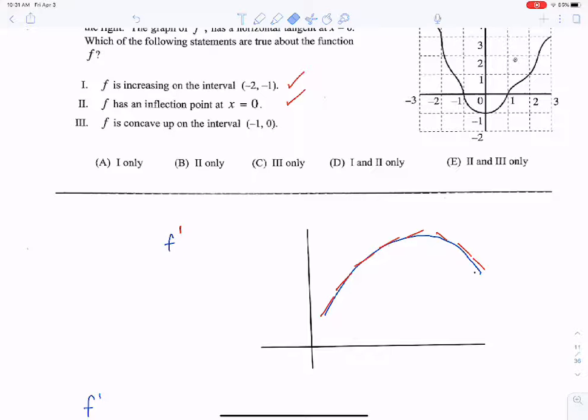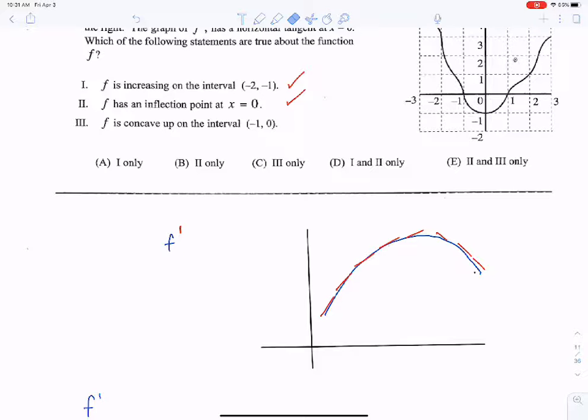The second derivative, all it does is take the derivative twice. So if I have a position function and I take slopes of tangent lines for the position function, that gives me the first derivative. What information does the first derivative give me? It gives me where the function is increasing and decreasing. That's its job.